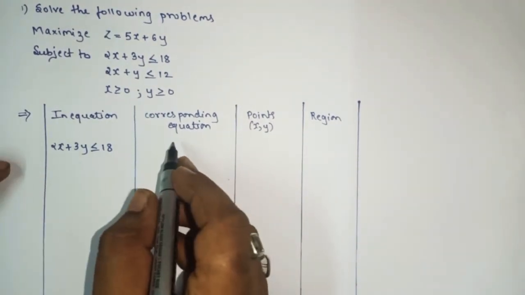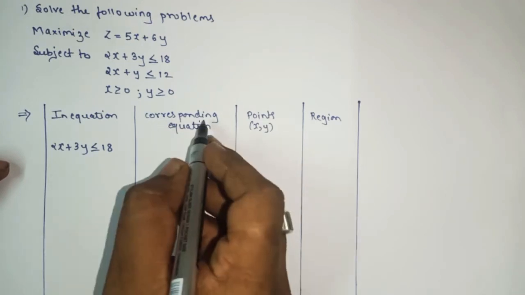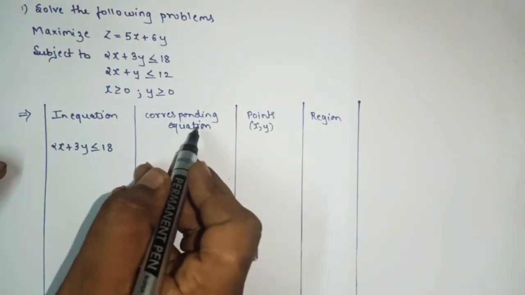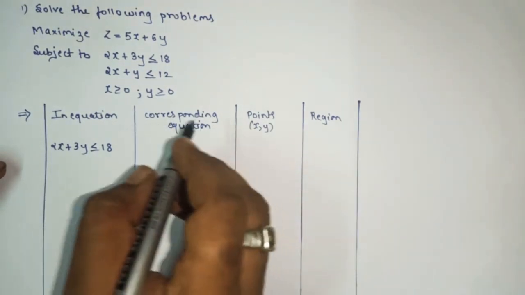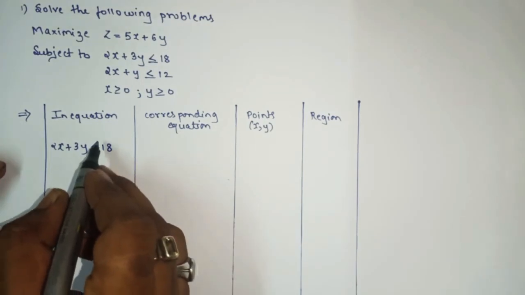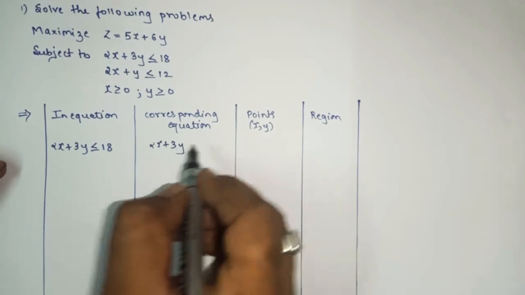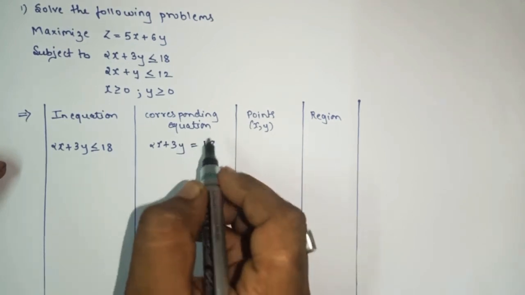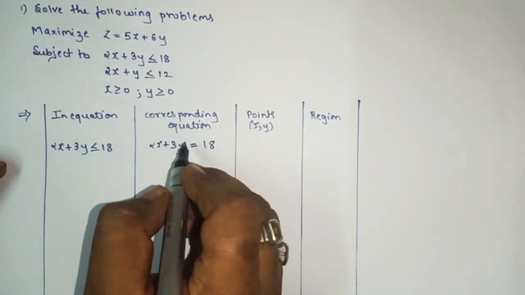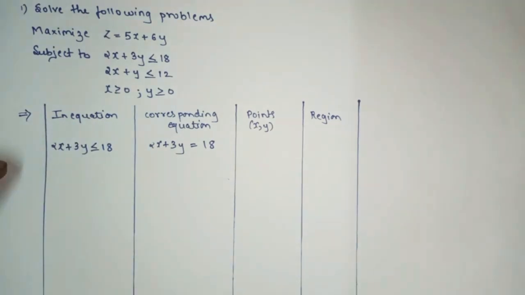Now in the second column it is the corresponding equation. Corresponding equation means simply you have to replace this less than or equal to by the equal to symbol. So that is the corresponding equation of the inequation.